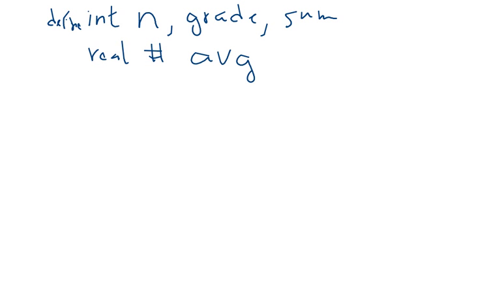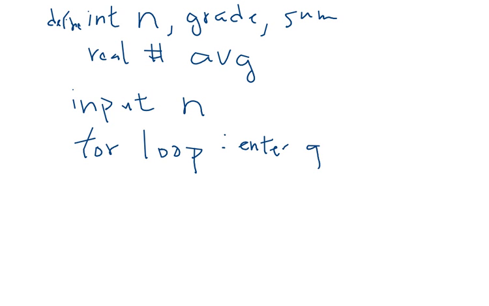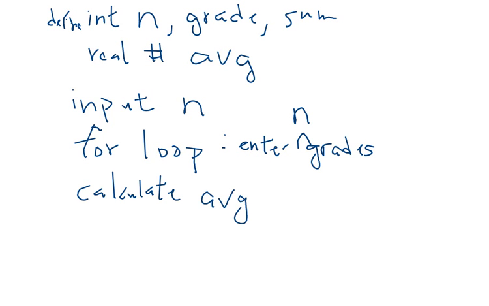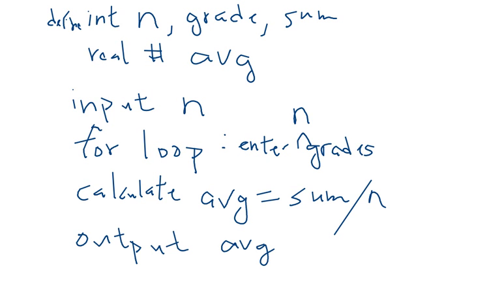Then I'm going to say input n. Then I'm going to have a for loop: enter n grades. And then I calculate average is equal to sum divided by n, and then output average. Okay, so pseudocode might look something like this.